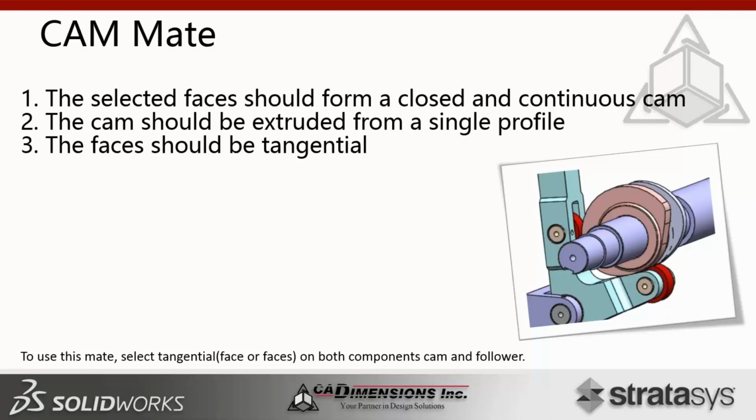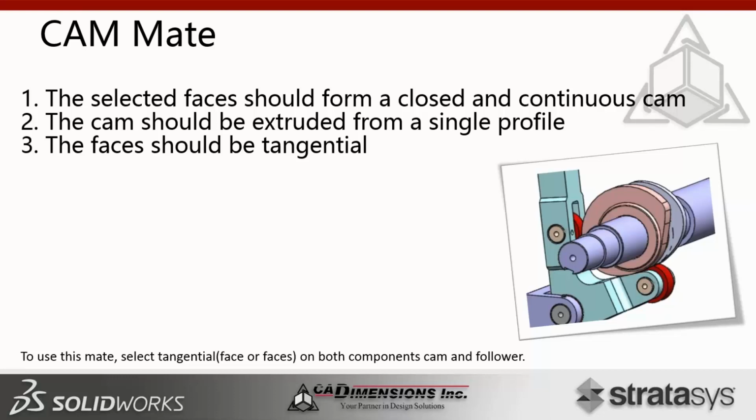The cam should be extruded from a single profile. So it's not good enough to create it as a closed form. I've got to do it with a single profile to create the outer surfaces. The third requirement is that all of those faces must be tangential to each other.